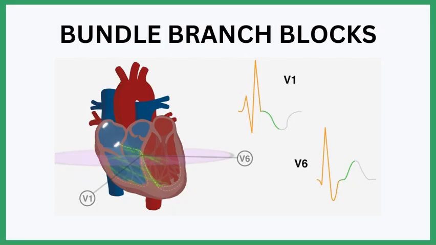So when we talk about those two leads, here is an example of what we're going to be getting into. The first type of bundle branch block we're going to be getting into is a right bundle branch block. And so what we see with a right bundle branch block, you kind of have to think about the fact that you're looking at the heart from two opposite directions.